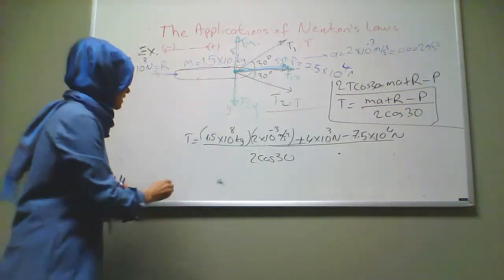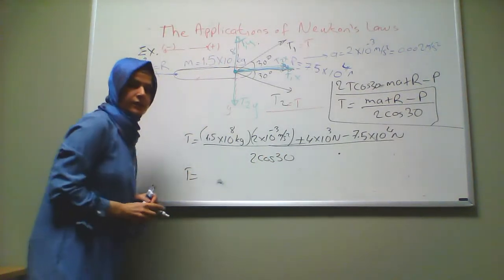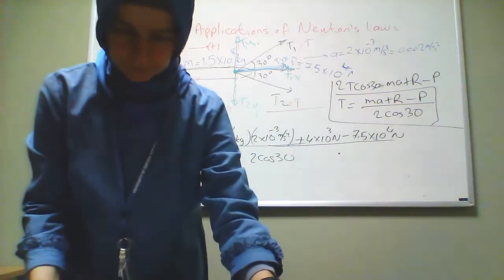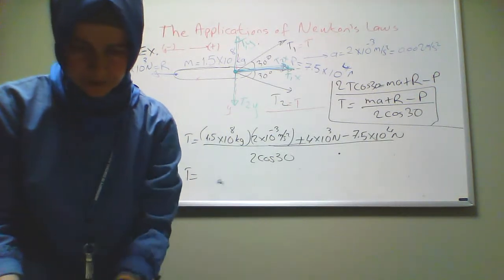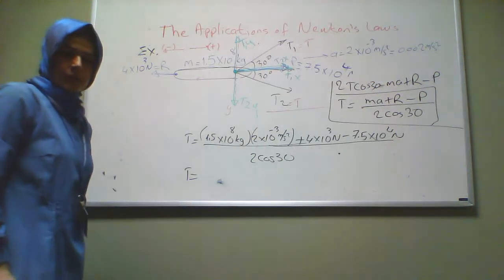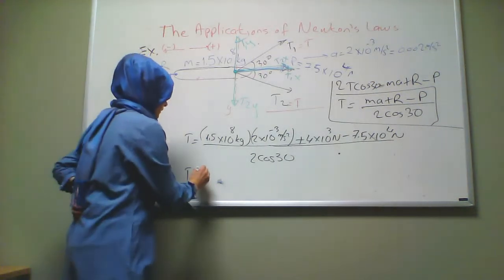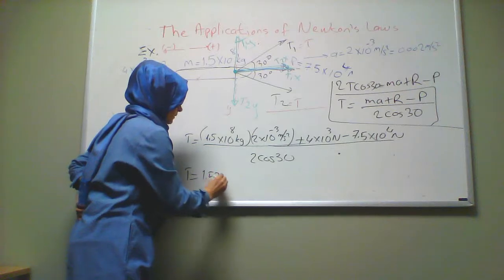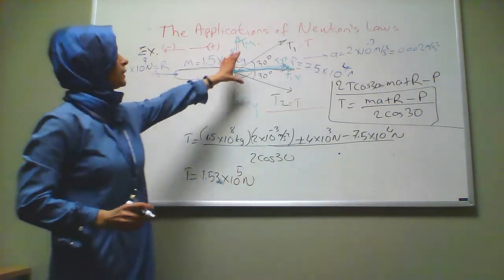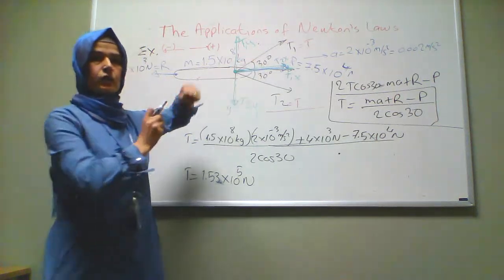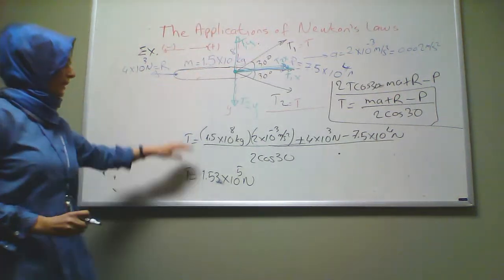Once you enter all these values, you'll get T as 1.53 times 10 to 5 Newton. This is the force acted on the ropes by the 2 boats that are pulling the supertanker.